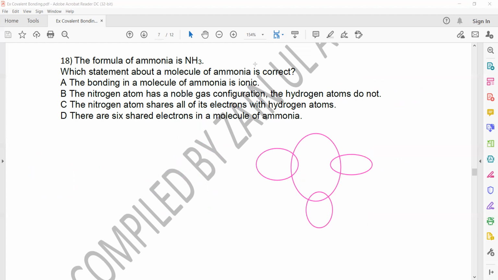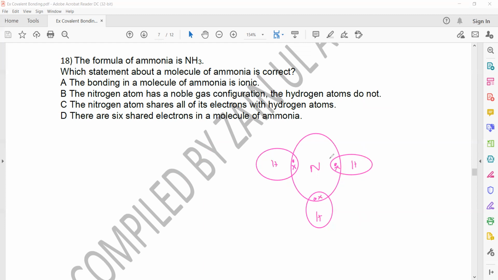How do we know they are stable? If their shell is complete, they are stable. For example, nitrogen shares 3 electrons, 1, 2 and 3. Hydrogen shares 1 electron, 1, 1 and 1.